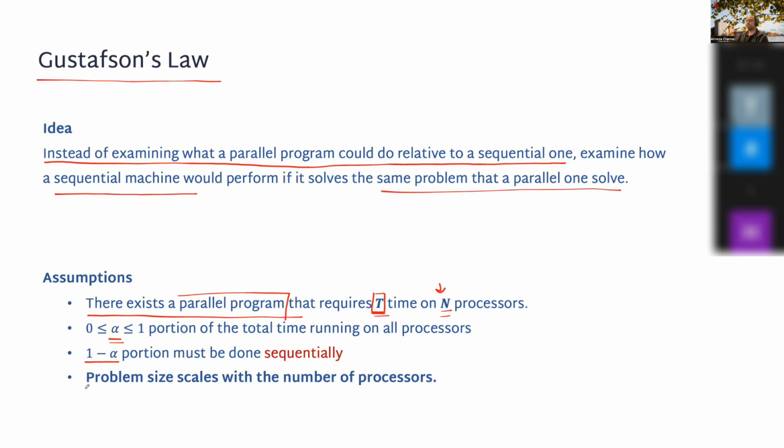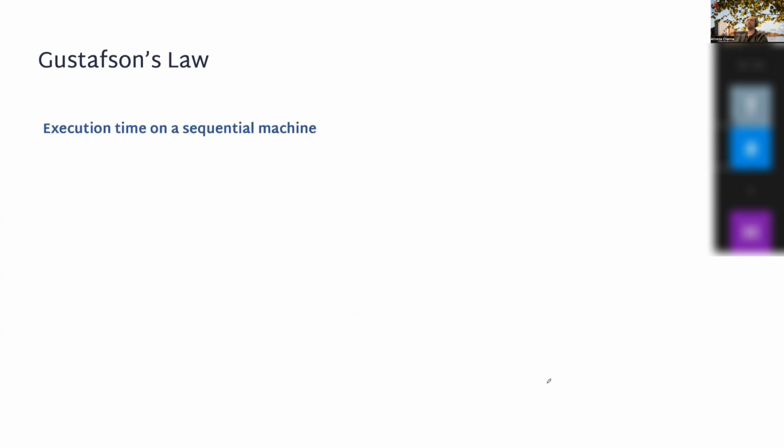The most important assumption here is that in Gustafson's law, the problem size scales linearly with the number of processors, so the problem size, if it is n, is k times n. Let's see how we can analyze that.